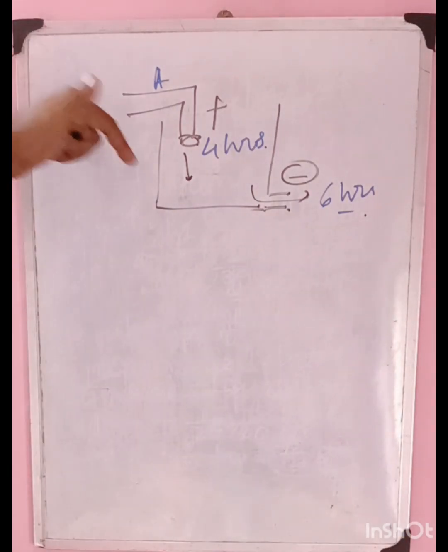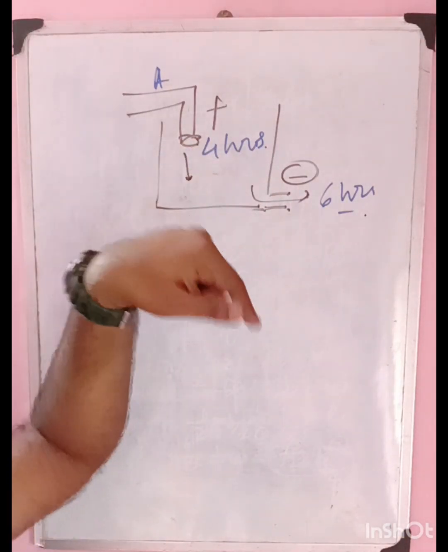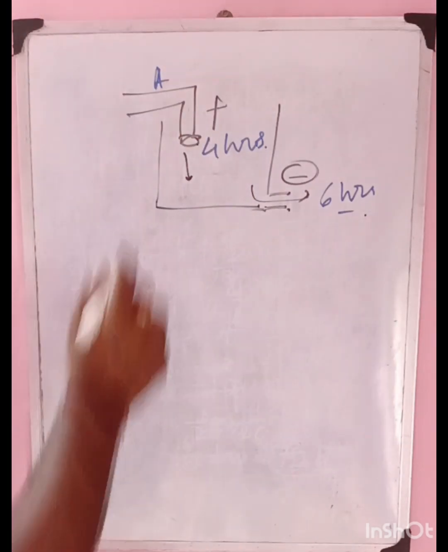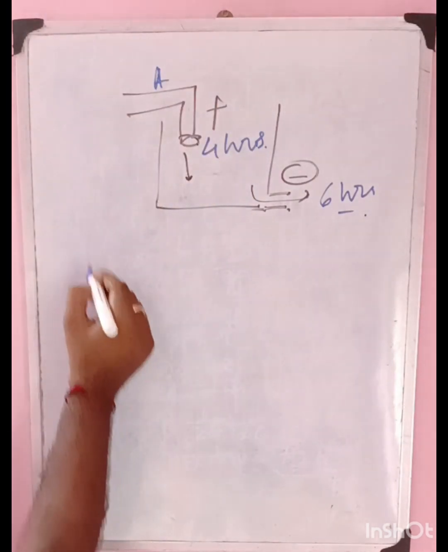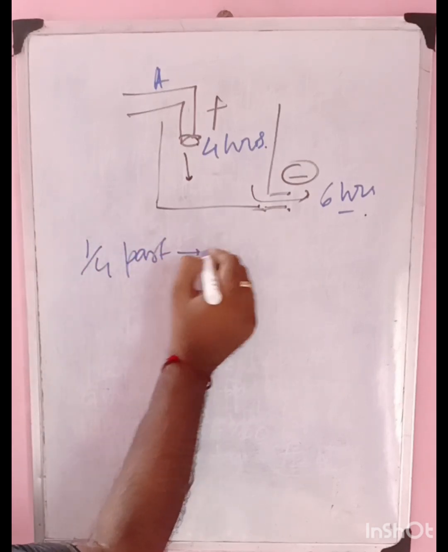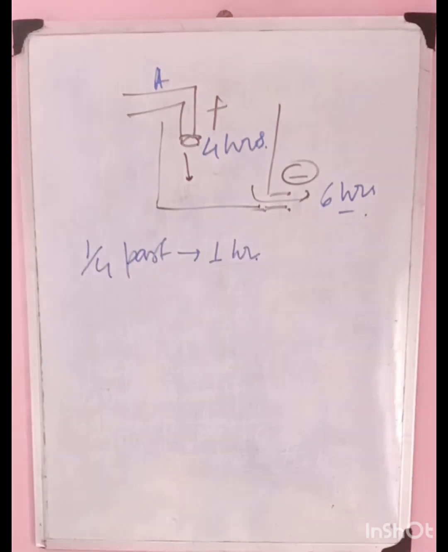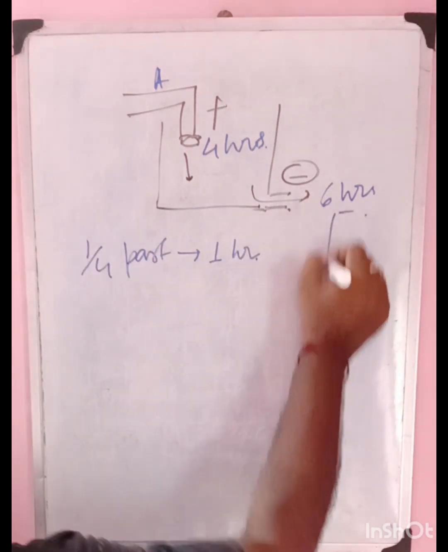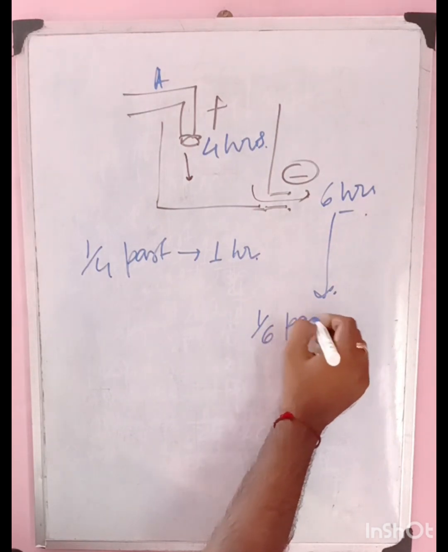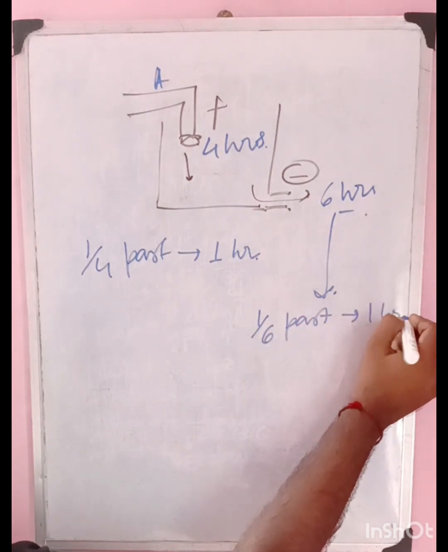So the tap is pouring the water and the hole is just taking it out. So for this tap A, again 1 by 4 part in 1 hour, and the draining is 1 by 6 part in 1 hour.